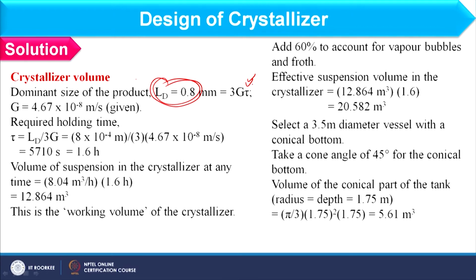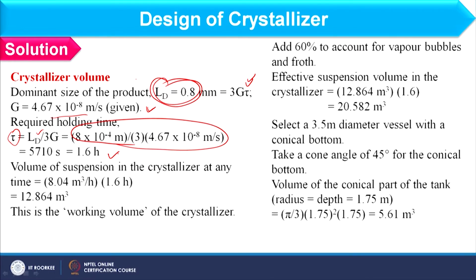This expression we have already discussed in the last example, and here we are given the growth rate as 4.67 times 10 power minus 8 meter per second, and we need to calculate the hold up time, which is basically the residence time. So, we can obtain tau as LD by 3G, and when I put all these values in this expression, we find the total tau is 1.6 hour.